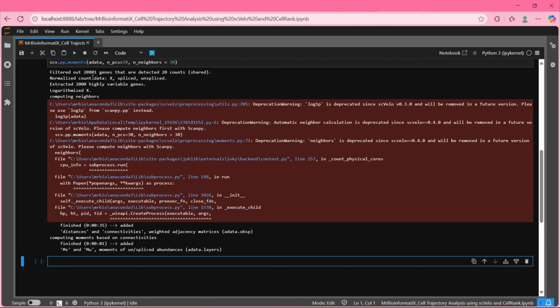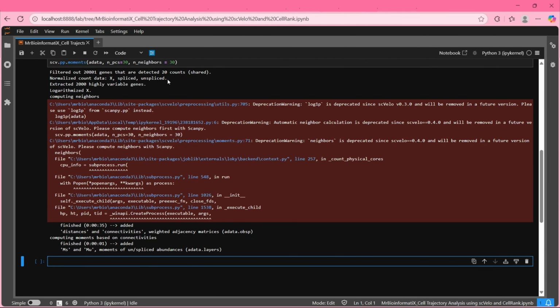So only about 7,000 remain, and later only the top 2,000 are used for velocity. This is normal, it removes the noise. And we see the normalized count data X, spliced and unspliced. Normalization makes sure all cells are comparable, so velocity estimation doesn't get biased by high count cells.